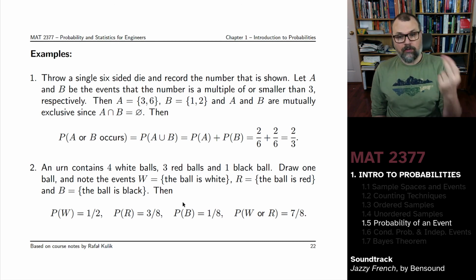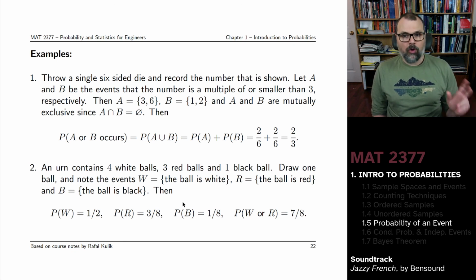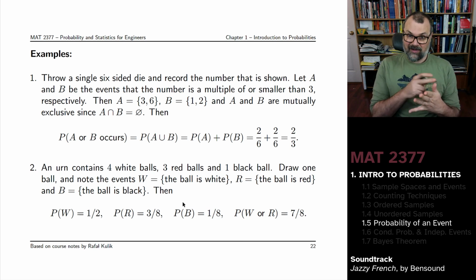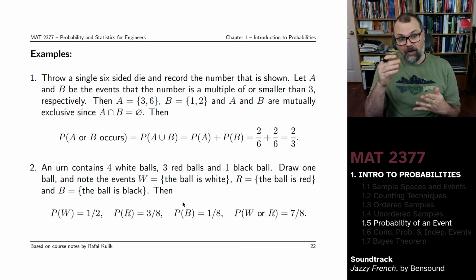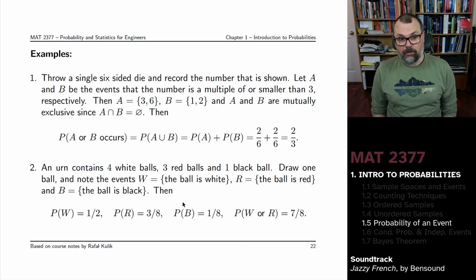So we get 2 over 6 plus 2 over 6, which is 2 over 3, 2/3, 67%. When you roll a die, there's a 67% chance that you're going to be rolling a 1, a 2, a 3, or a 6. Right? These are the 4 outcomes that are either in A or in B out of the 6 total outcomes.